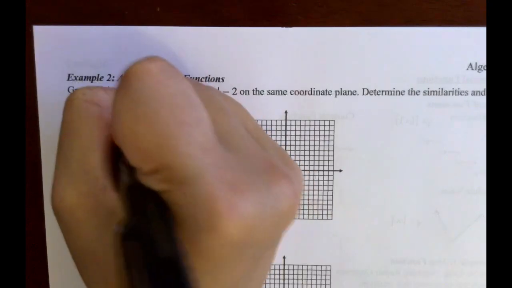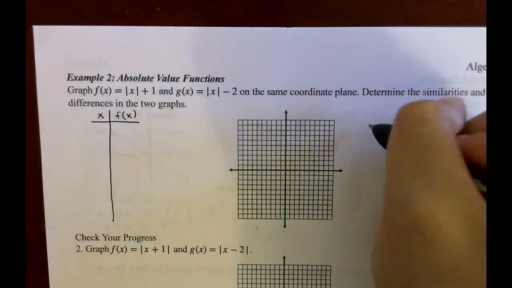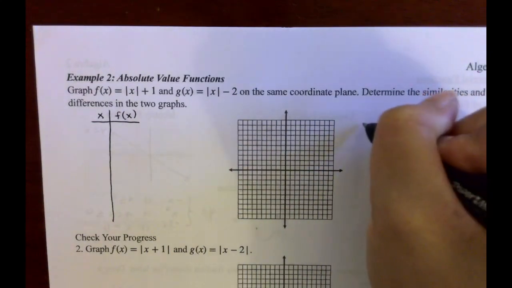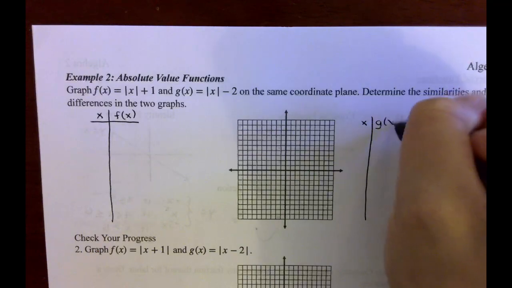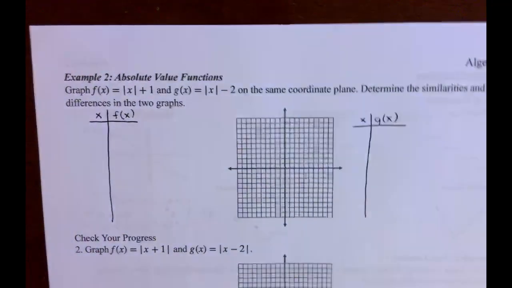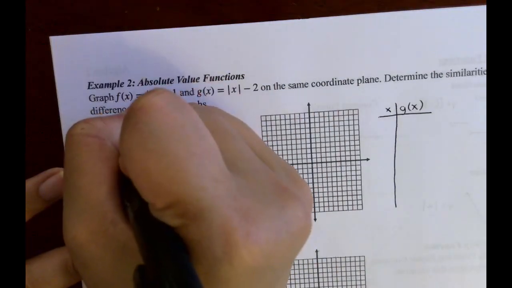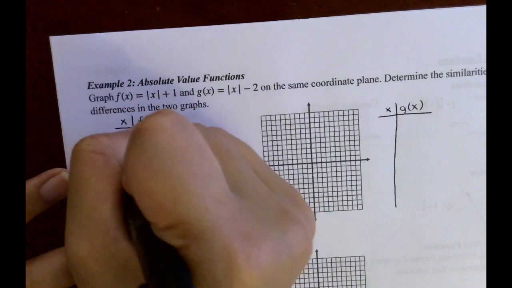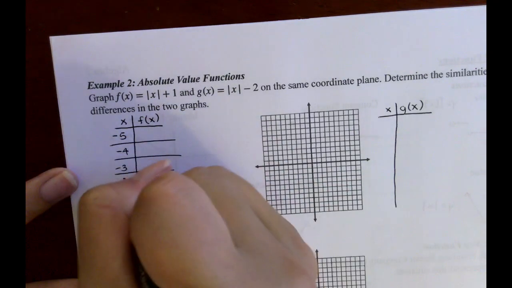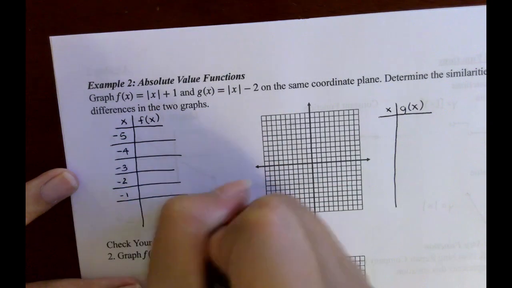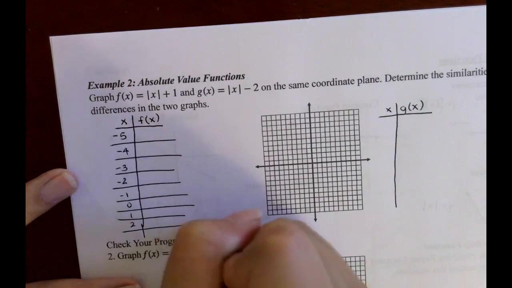So one is going to be for the x and f of x, and then on my other side will be my x, g of x. Okay. So let's do a couple points. It's not going to take too long, so let's do -5, -4, -3, well, I hope I have enough room, -2, -1, 0, 1, 2, oh yeah, 3.